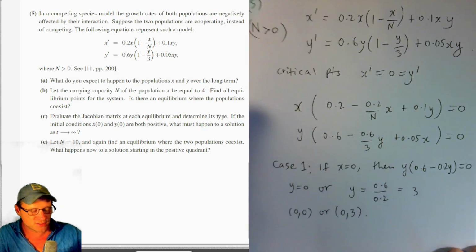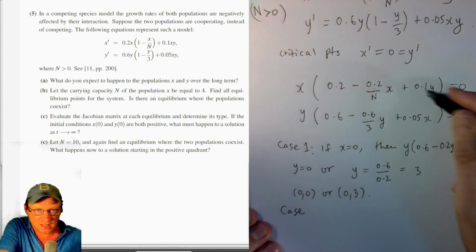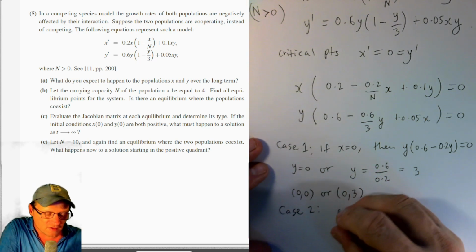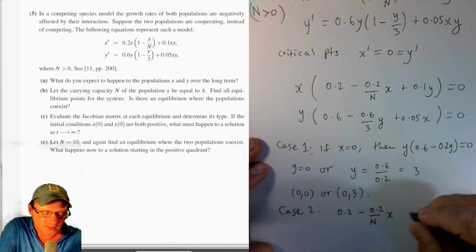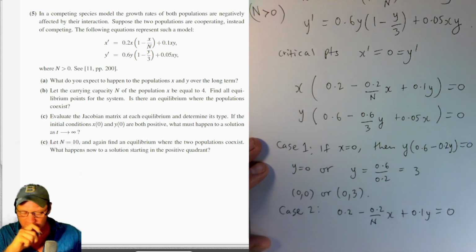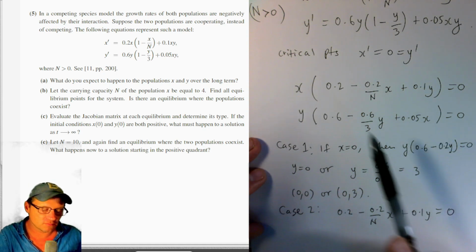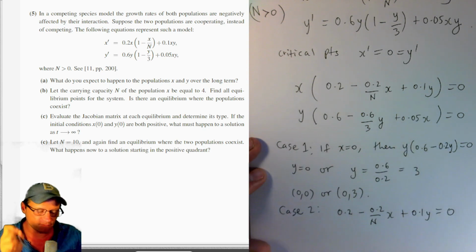All right, now case 2, or other possibility for the first equation, we could have 0.2 minus 0.2 over N X plus 0.1 Y equals 0. And so if we have that, we could have then Y equals 0 in the second equation, or this equals 0.